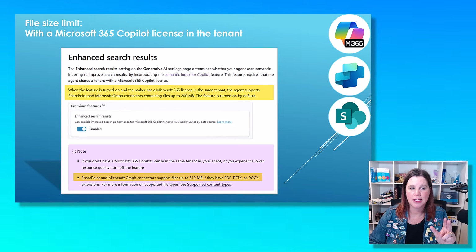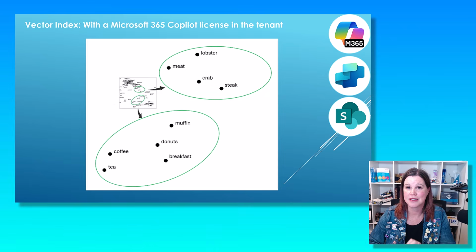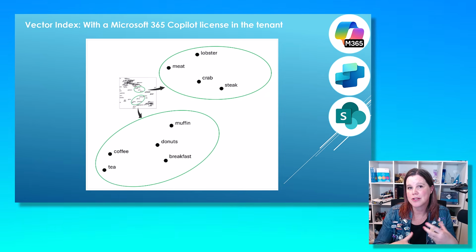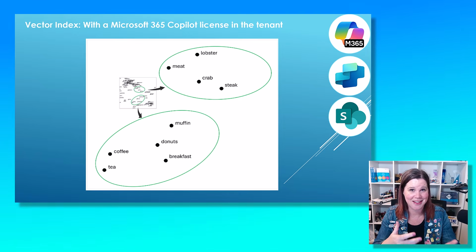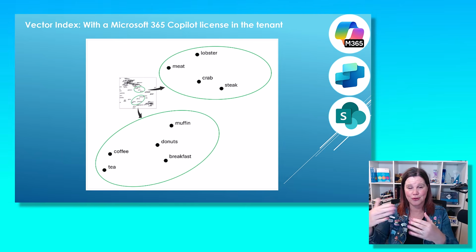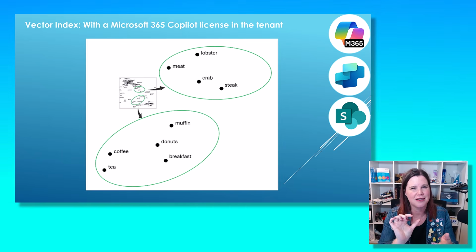The other thing is that you will get enhanced search results, because as soon as you add one of these Microsoft 365 Copilot licenses to the tenant, you get what's called vector indexing on your SharePoint site and SharePoint documents. So vector indexing means, instead of keyword indexing, which is exactly as it sounds, it basically goes through and finds the keywords. It's not quite just literal keywords.